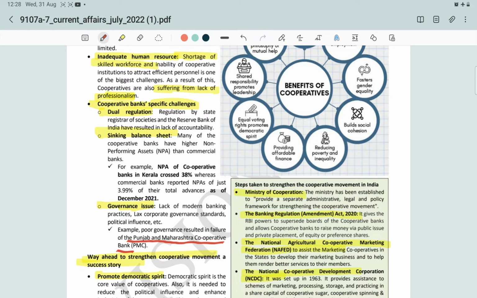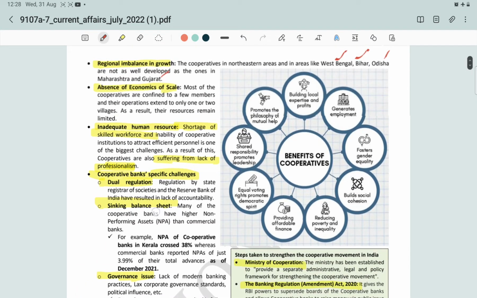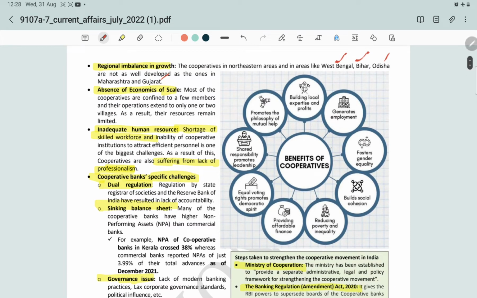And now let's see what are the benefits that cooperatives bring to society. Here are some benefits. First benefit, building local expertise and profits.